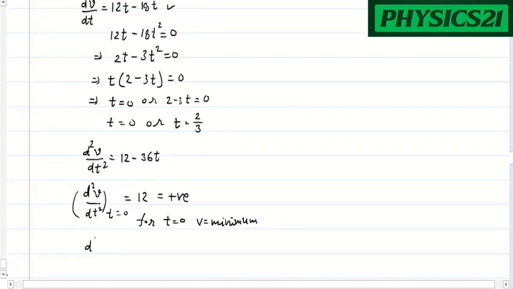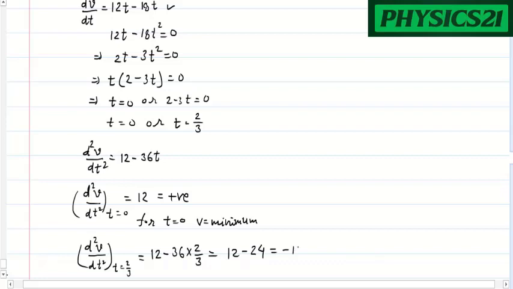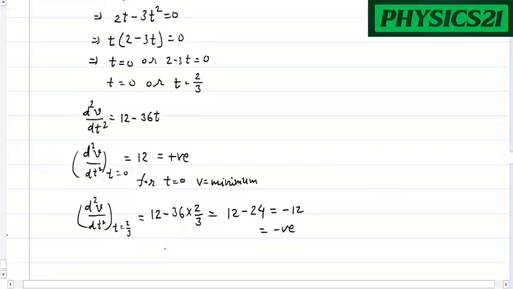We substitute t equal to 2 by 3. It will be 12 minus 36 multiplied by 2 by 3. We solve, we get 12 minus 24, it is minus 12. This negative means for t equal to 2 by 3 second, velocity will be maximum.